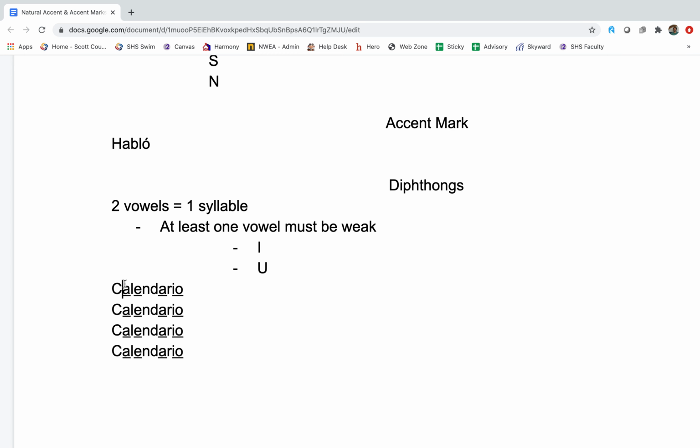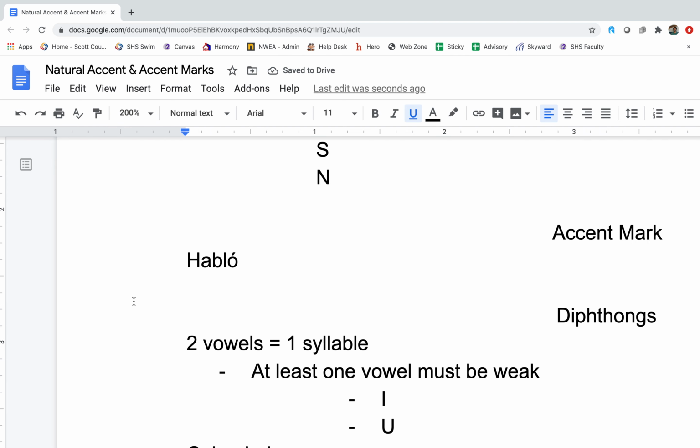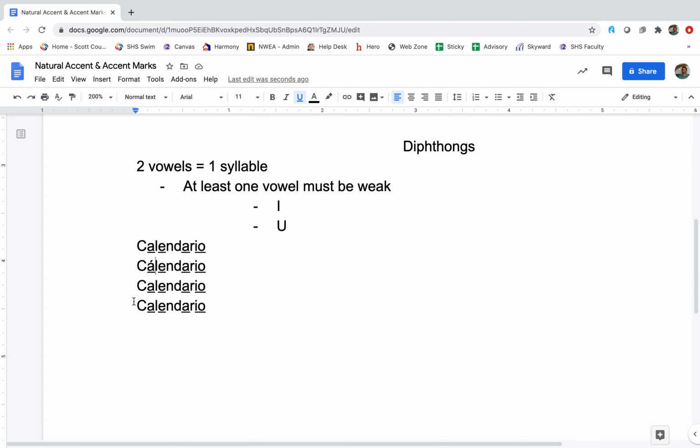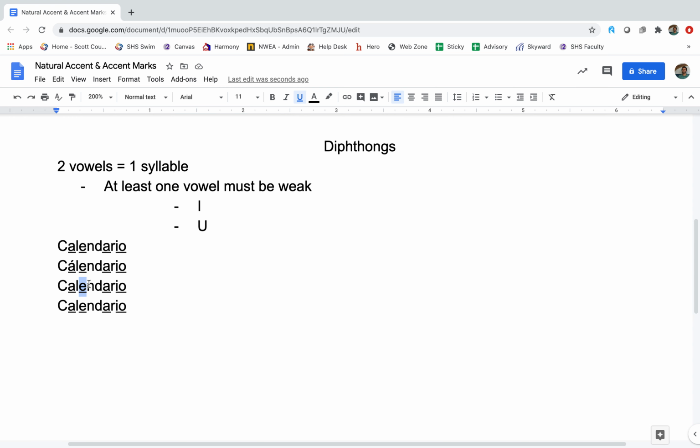So if we have an accent mark here, let's see. All right, so we could have an accent mark in all these different spots.